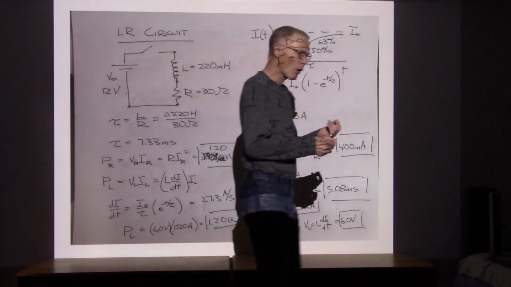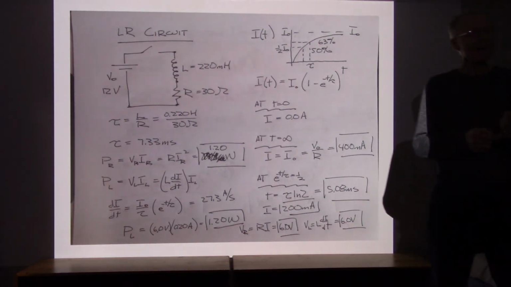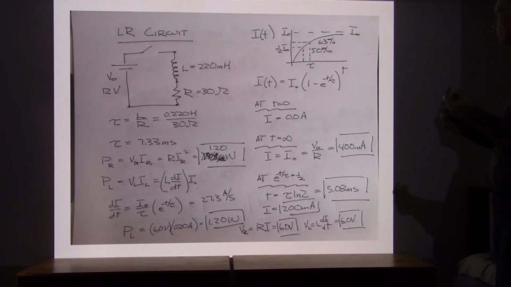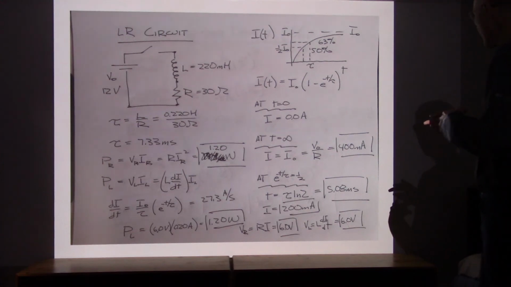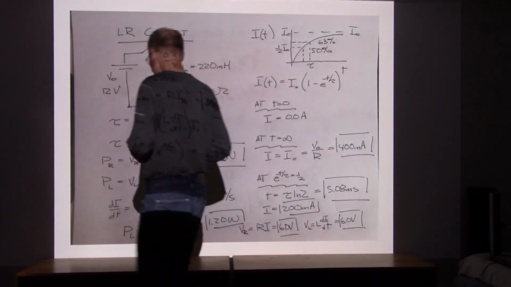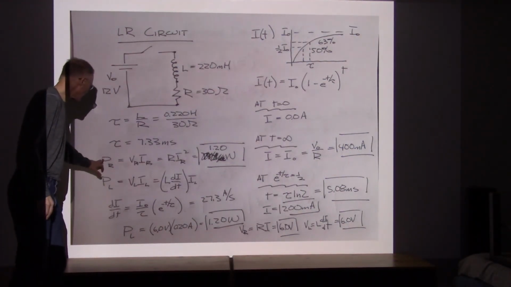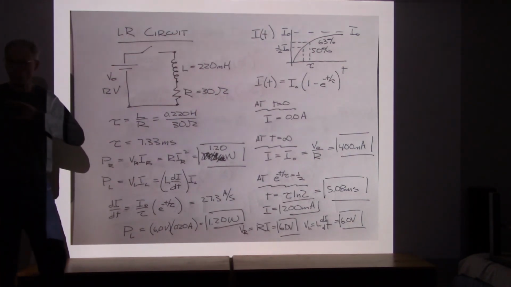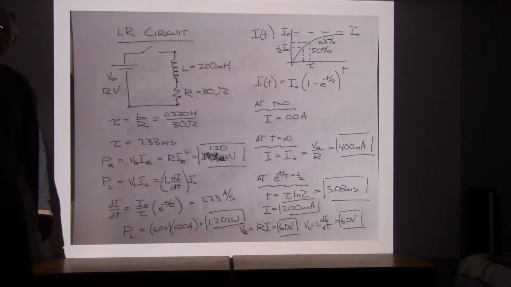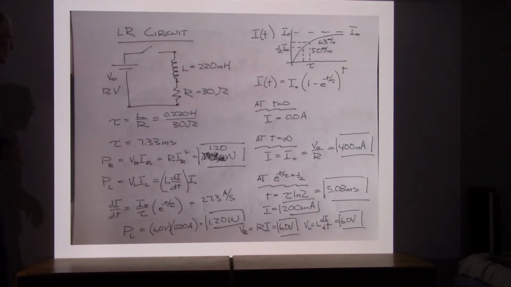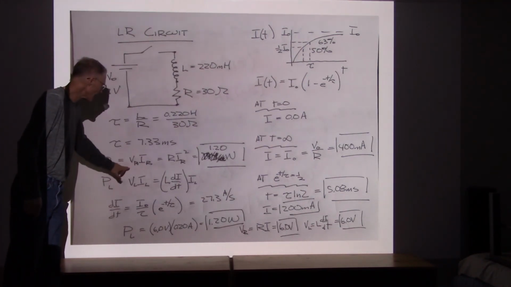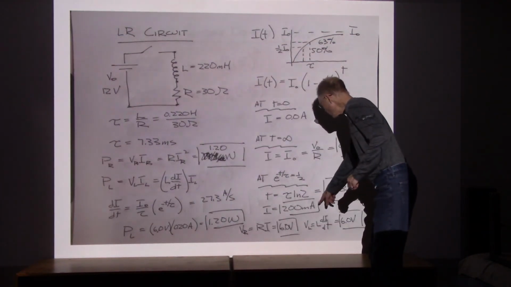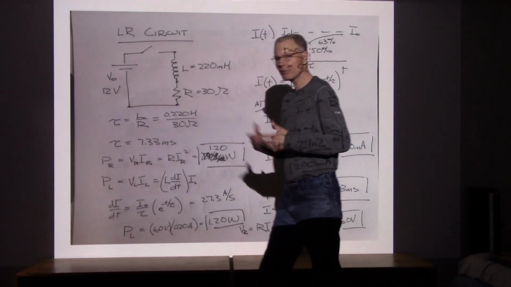They're asking about power. Now they ask about power in the battery. What I went in and solved for was power in the inductor and power in the resistor very quickly. Any power calculation can be done as V times I. V times I works for every component, but I got to be really careful to get the V's and the I's correct. Now, the current that we're looking at is this 200 milliamps, and everybody's got the same current.